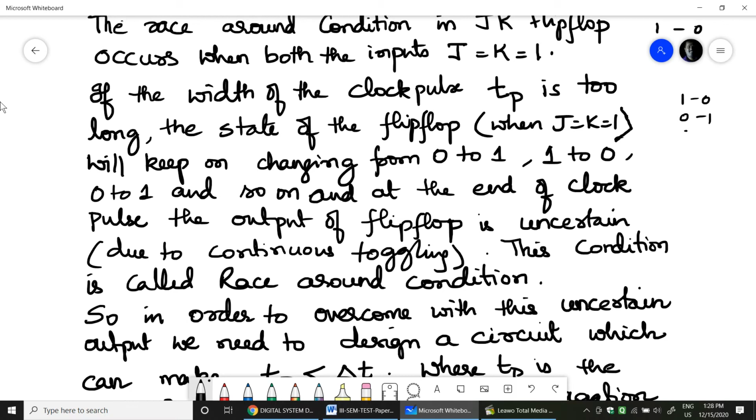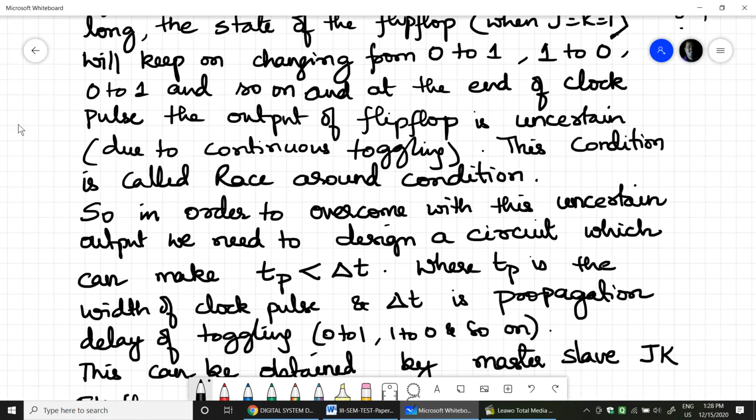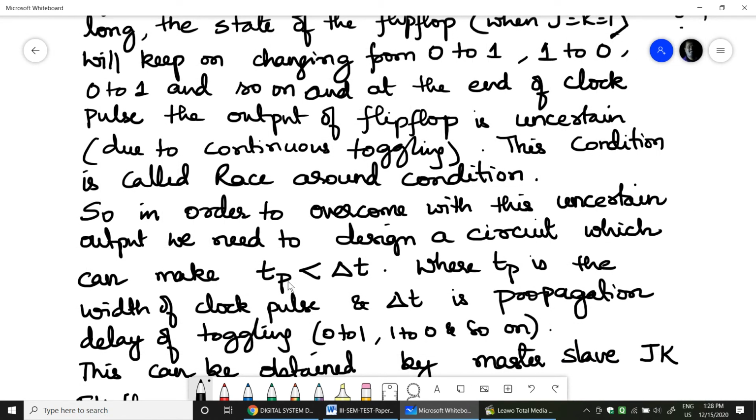So how do we overcome this race around condition? If the time width of the clock pulse is made very small compared to the propagation delay, that is, if you increase the propagation delay, the time taken for changing from one state to another, to be greater than the clock pulse width, then we can easily avoid the uncertainty or race around condition that we come across in a JK flip-flop when both J and K equal 1.